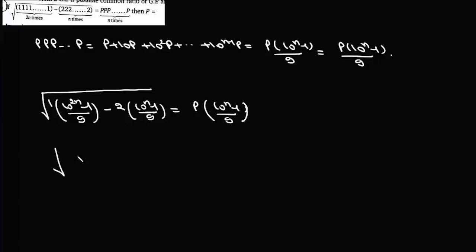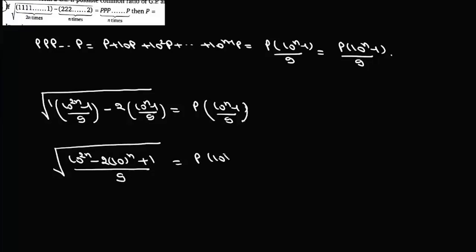Now we can write this as the square root of 10 to the power 2n minus 2 into 10 to the power n plus 1, upon 9, and this is p into 10 to the power n minus 1 upon 9.